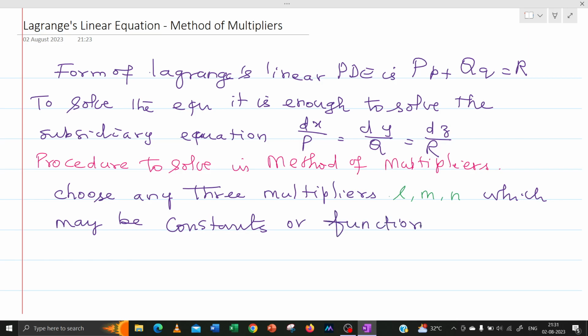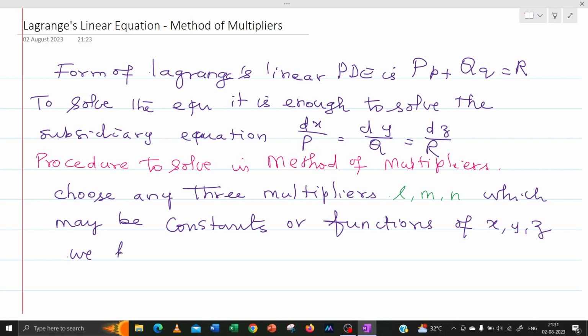It is purely based on the problem only. There is no predefined rule to choose l, m, n; we choose l, m, n based on P, Q, R, which are functions of x, y, z.